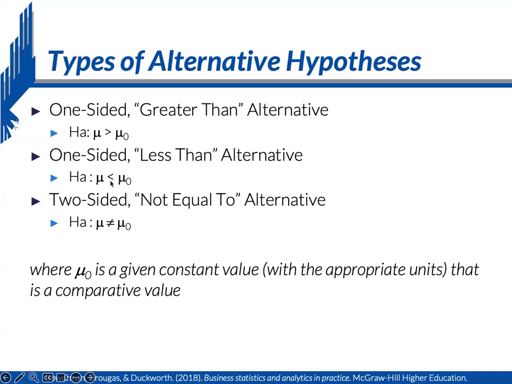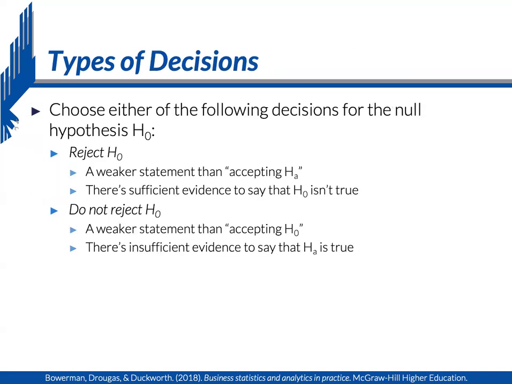And finally, the third example represents a two-sided not equal to alternative because the alternative hypothesis uses a not equal to sign. So those are three different alternative hypotheses that are possible to be tested in hypothesis testing. Later on, we will see the implications of these different types of hypotheses in terms of the computations in hypothesis testing. But for now, these are the three types of hypotheses that we can test.